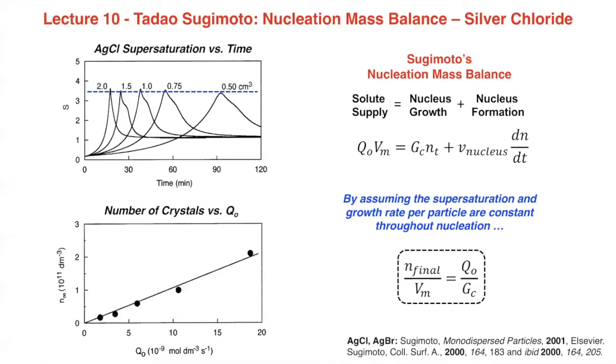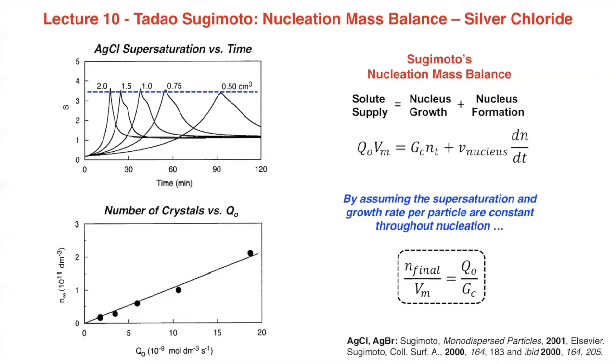Okay, so let's talk a little bit more about why that's the case. But the Sugimoto equation is a very nice example of how the solute supply rate and precursor reaction kinetics dictate how the nucleation process happens.